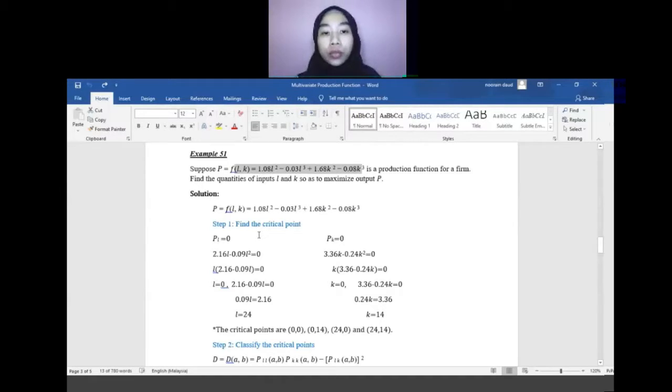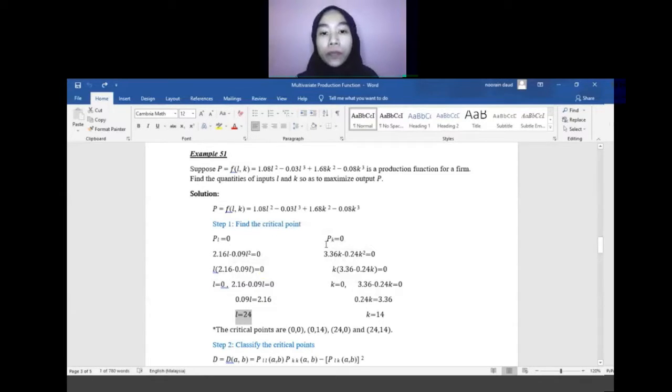To find the critical points, first we need to take the derivative with respect to input L and also input K separately and set each equation equal to 0. First, we take the derivative with respect to input L, and we get two points for L, which are L equal to 0 and L equal to 24.